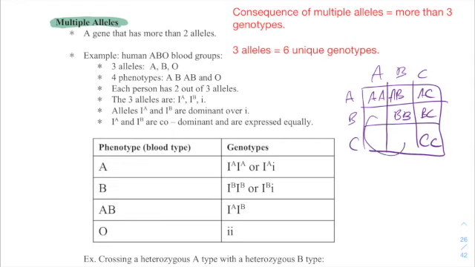The other ones would all be mirrors of these, so just AB again, AB, BC. I'll write them out for full explanation. And so we end up with 1, 2, 3, 4, 5, 6 different combinations. So that's a possibility of 6 genotypes if you had only 3 alleles.